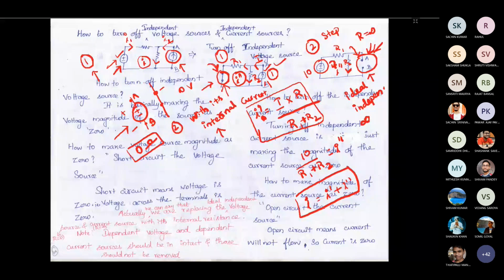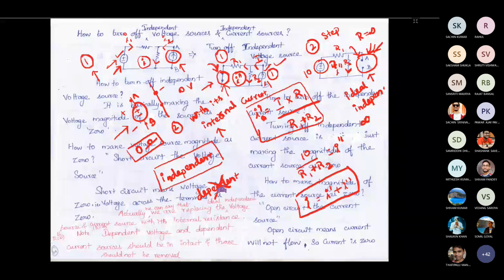Okay, fine. See, you remember one more point here. Whenever we are talking about independent sources, in this particular circuit, only independent sources should be replaced with their internal resistance. If you have dependent sources, then you should not replace them. If you have an independent voltage source or current source, then you have to replace it.